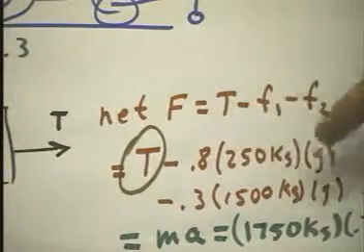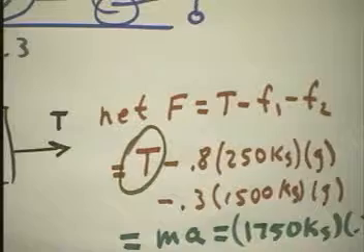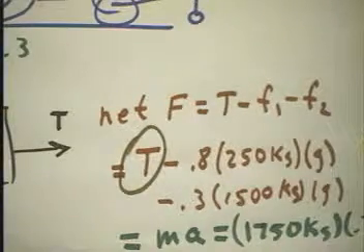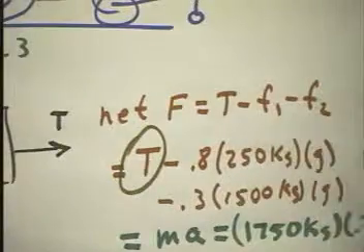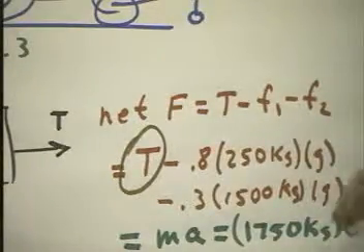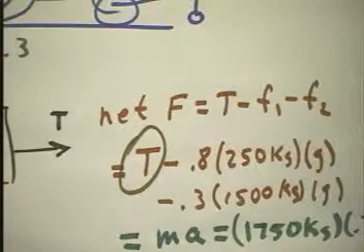Since in this case the normal force is equal to the weight, the normal force on the sled is equal to its weight, 1,500 kilograms times g, and we multiply that by 0.3 to get the frictional force F2.